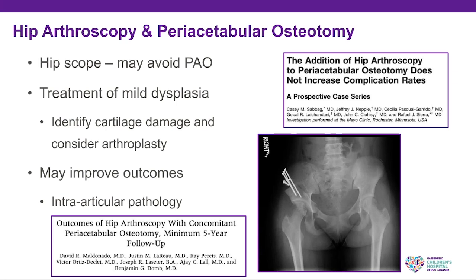But you may be in this sweet spot where you have a borderline dysplasia, which doesn't seem like it's quite enough for a PAO, but may not do as well with arthroscopic techniques either. Another thing to consider that can sometimes be a benefit of doing a hip scope in this population is going in and identifying whether there's cartilage damage there.